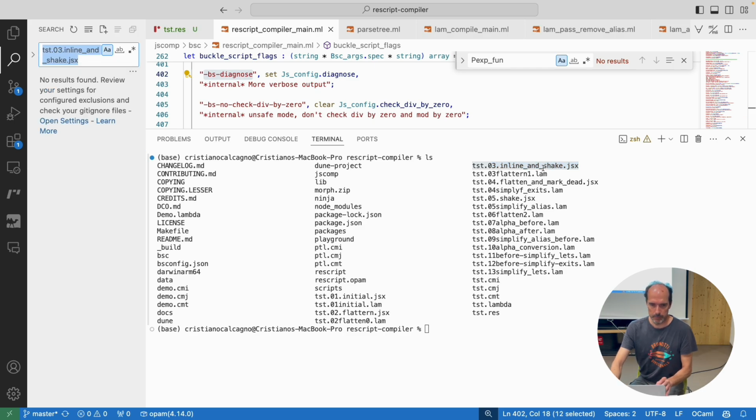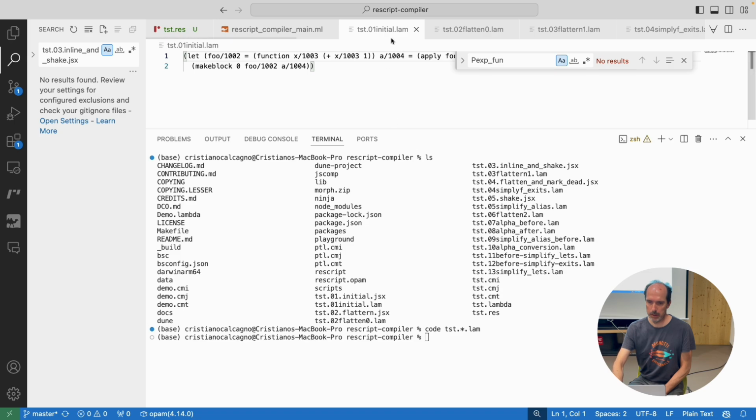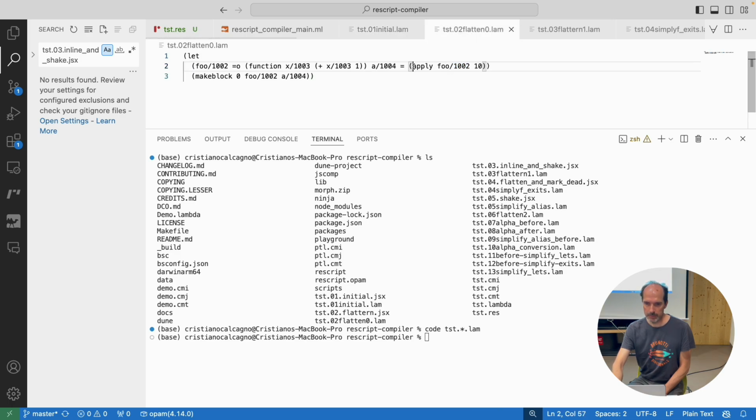For example, this was the initial, and A was not optimized yet. It's just foo applied to 10. The second step still is not optimized.